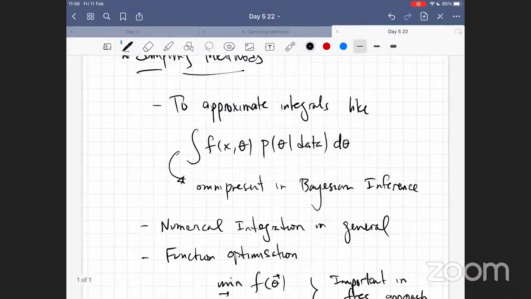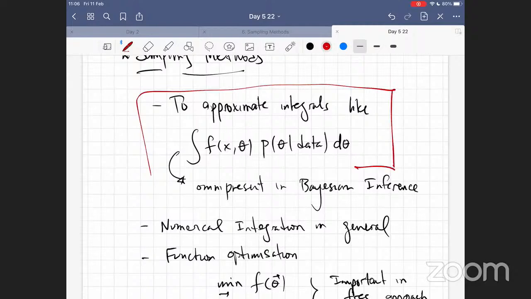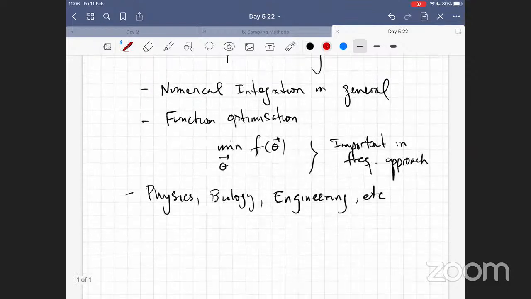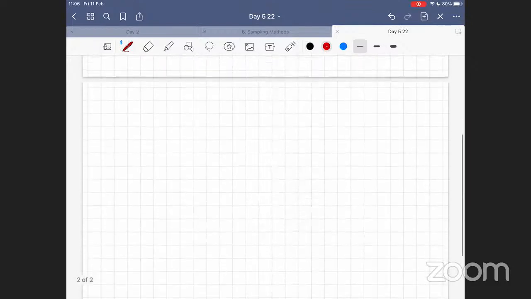Here we are just talking about this application of approximating integrals like this. So the problem in consideration, let me just rewrite that expression.